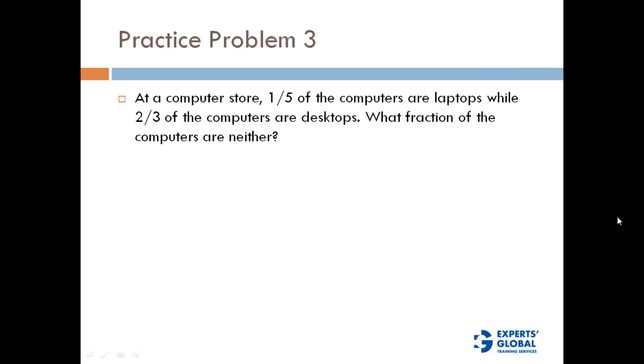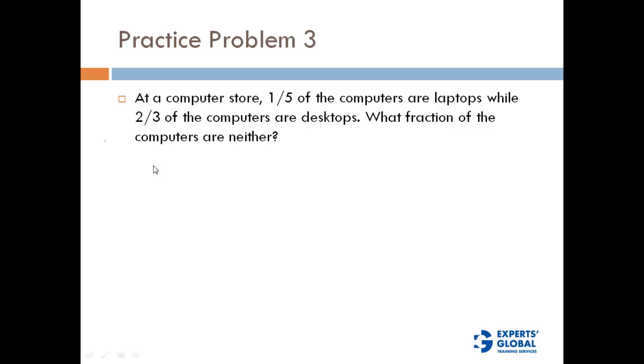Let's look at this problem. You can pause the video and try to solve it. At a computer store, 1/5 of the computers are laptops, while 2/3 of the computers are desktops. What fraction of the computers are neither? Okay, so let's see.